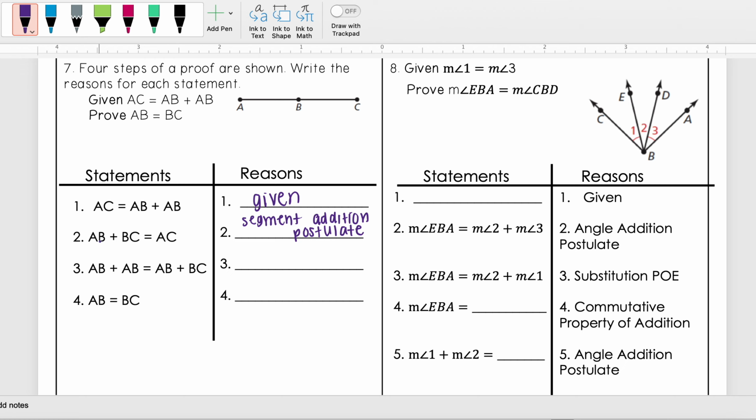My second statement, I have AB plus BC is equal to AC. And so I see here in this first and second one, they're both equal to AC. And so since they're both equal to AC, I can use the transitive property to therefore say that these two need to be equal to each other. And so this is going to be my transitive POE.